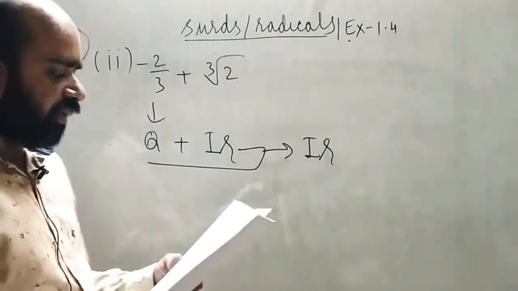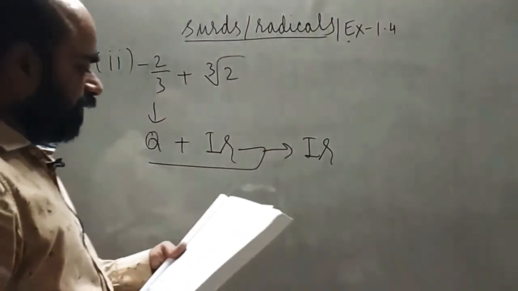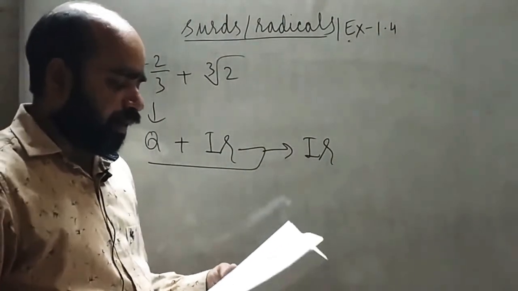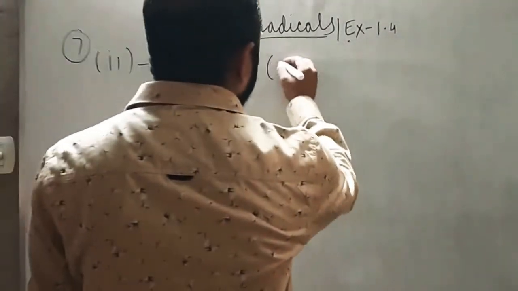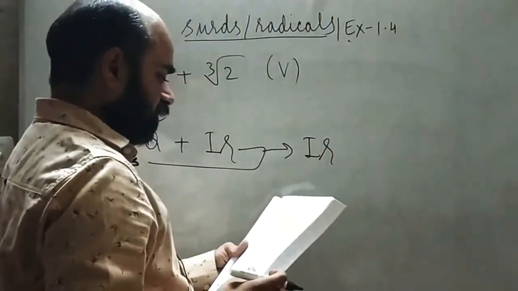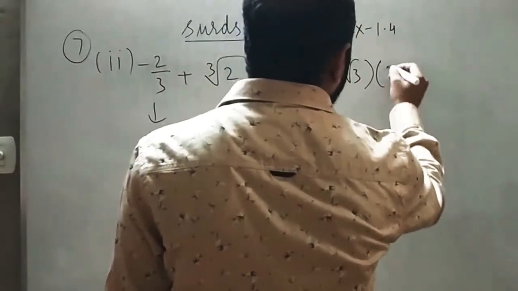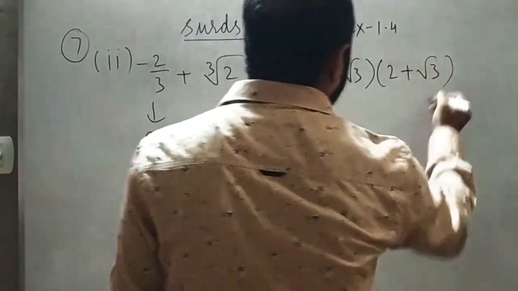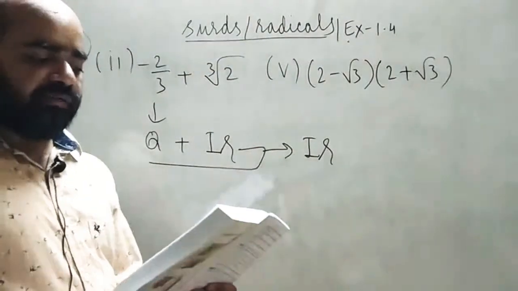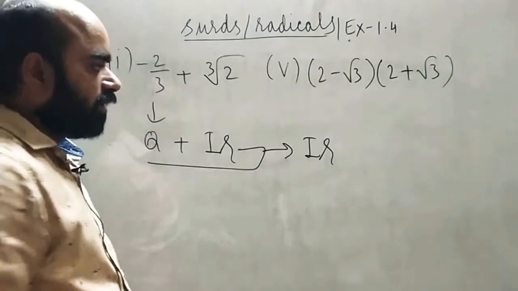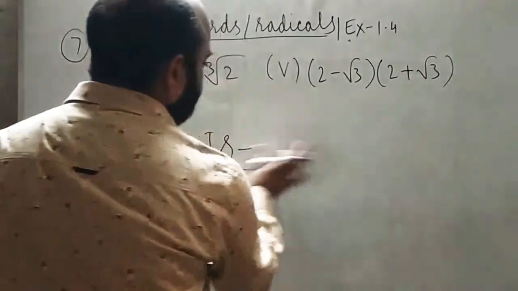Clear? Similarly, we can take the fifth question. The fifth one is 2 minus root 3 and 2 plus root 3. Clear? So directly we cannot tell whether it is rational or irrational. So we can simplify.